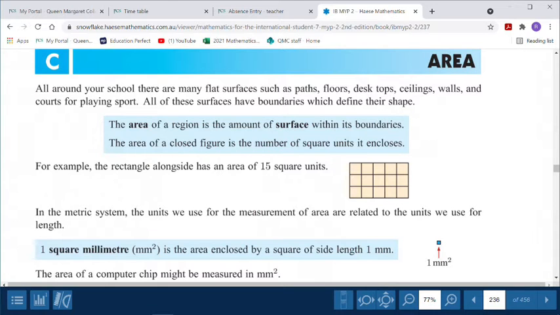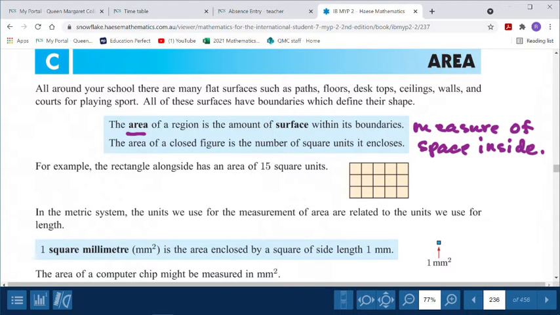Looking in your book, they define area as the amount of surface within the boundaries. So the area is a measurement of the space inside. You might need to have that written down somewhere. Area is simply the measure of the space inside a shape.